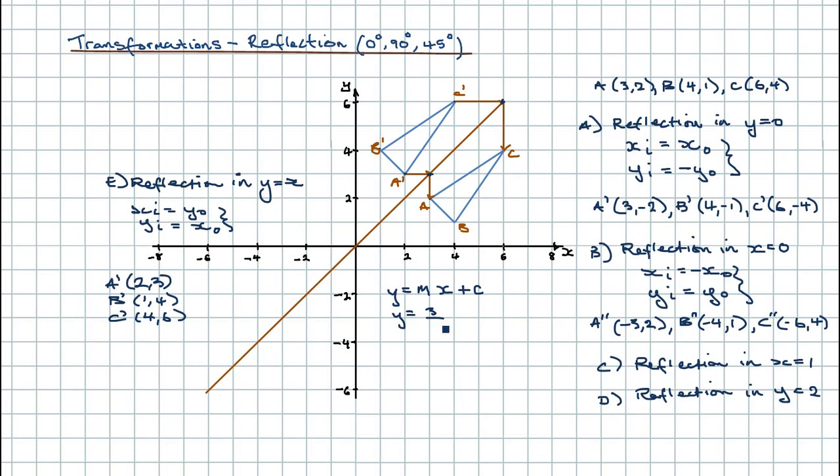So 3 divided by 3 must be the gradient, and c is the y-intercept, which is 0. So we've now got y equals 3/3 x, in other words, y equals 1x, or just x. So we found our line of reflection, if that wasn't given to us, and instead we were given an object and the image.